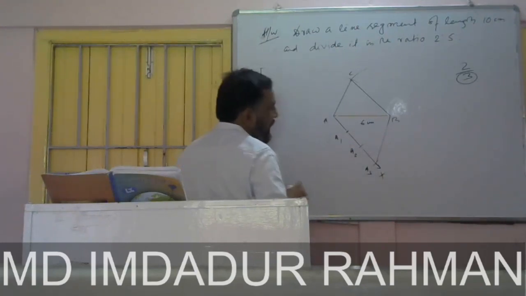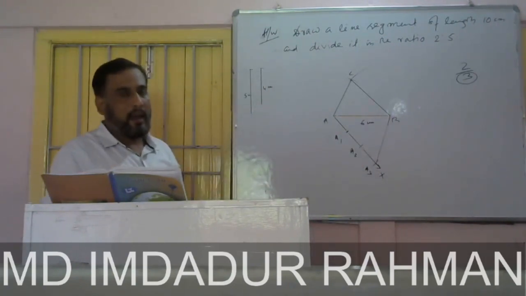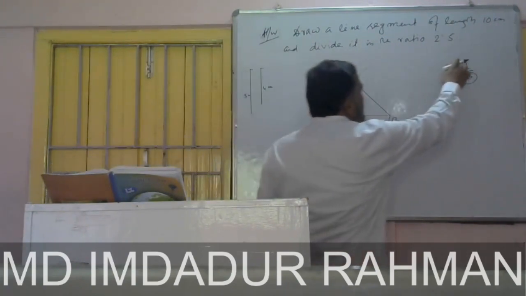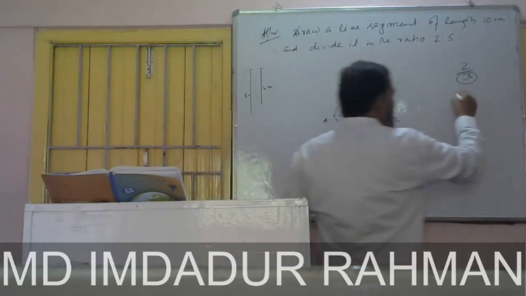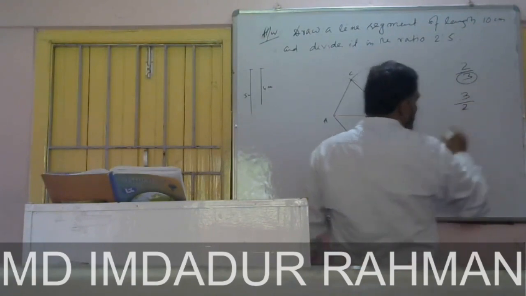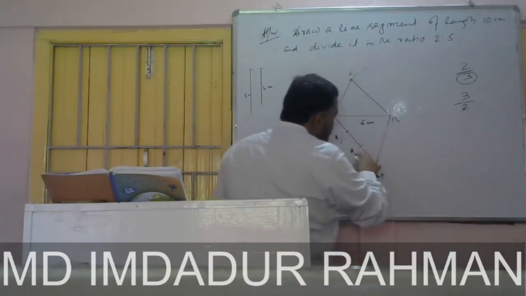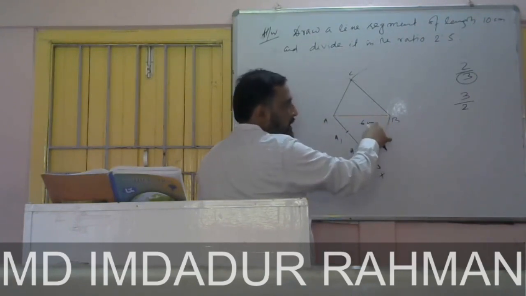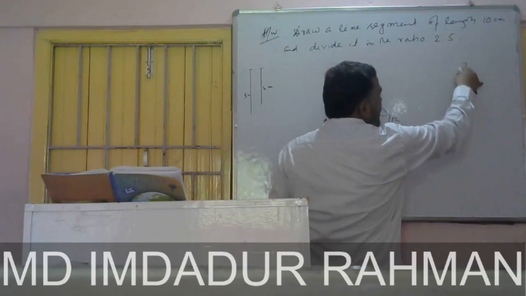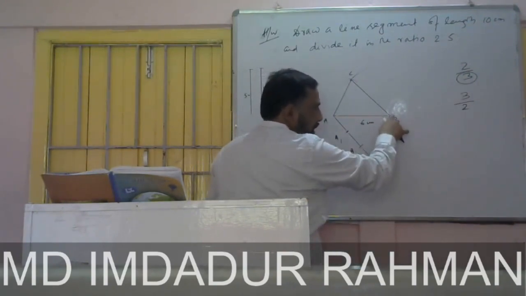Then from A3 we have joined to B, as it is 2/3. There is a point to remember. As it was 2/3, that's why we have joined A3 to B.